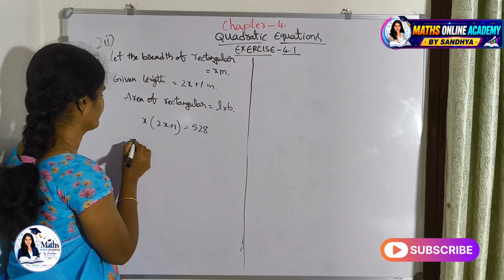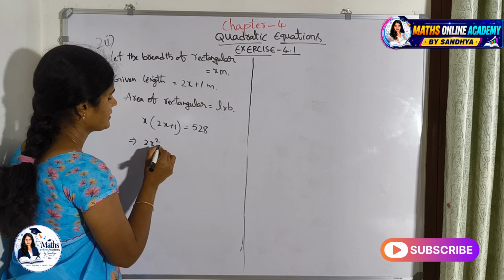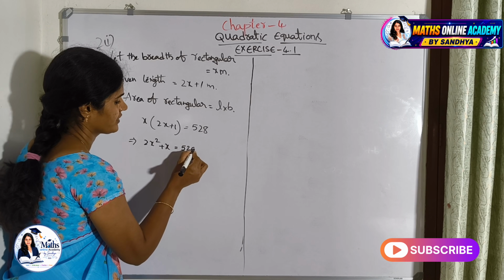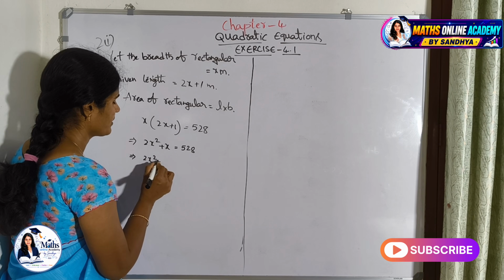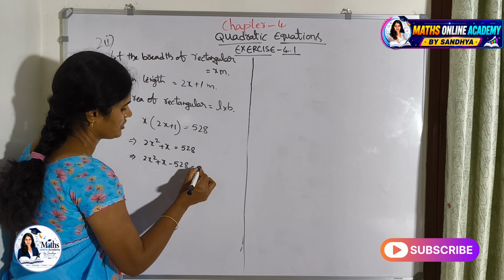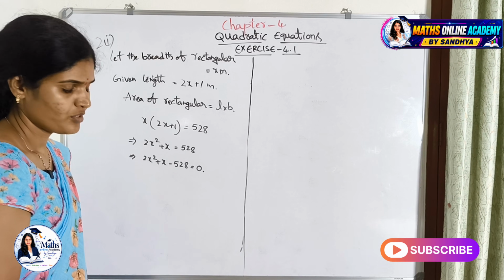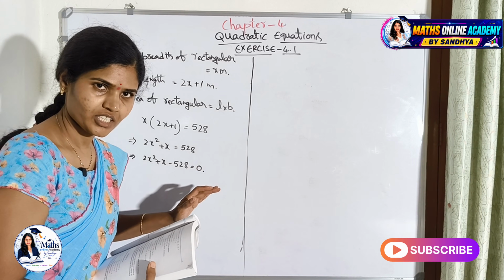Okay. 2x square plus x equal to 528. And one more, 2x square plus x minus 528 equal to 0. This is in the form of quadratic equation. Na? So this is the quadratic equation.